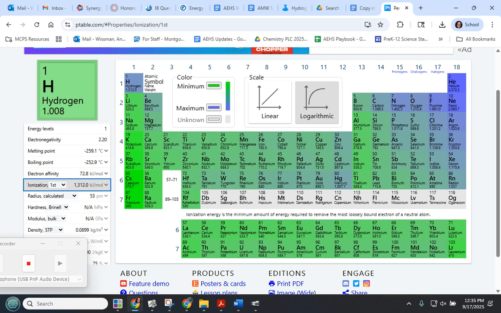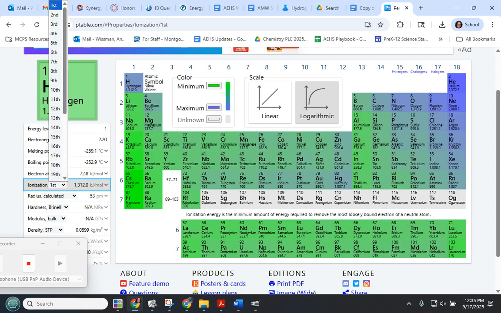But removing the first electron for any of these is going to get harder as we go across. It's going to get easier as we go down because those outer electrons that we're removing are farther away from the nucleus, okay? Now, in p-table, you've only ever been asked to look, if you use p-table at all, at just the baseline first ionization energy.